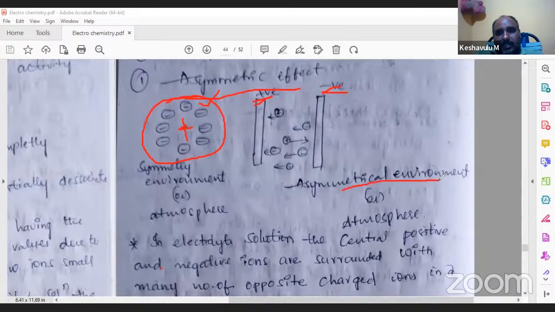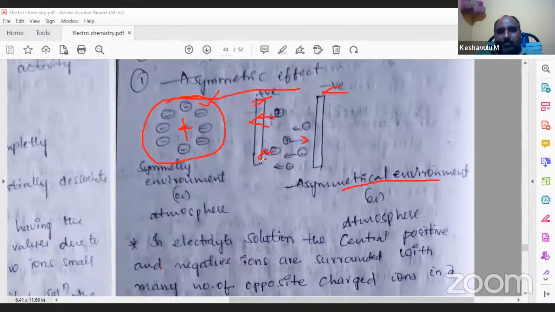That is an asymmetrical environment, because an electric field means a positive pole and a negative pole. The positive ion will move towards the negative pole. All the negative ions move towards the positive pole. So due to this, the symmetrical environment disappears, right? So that is called the asymmetric effect.